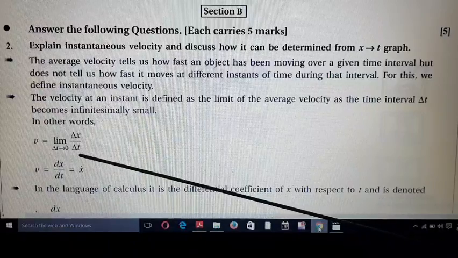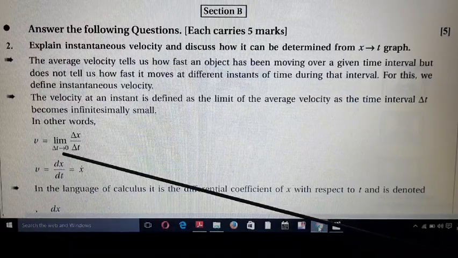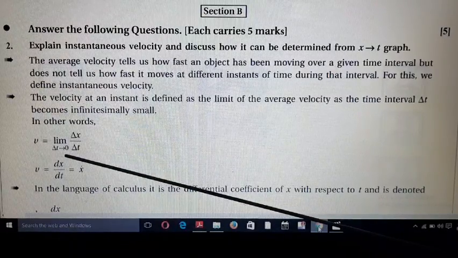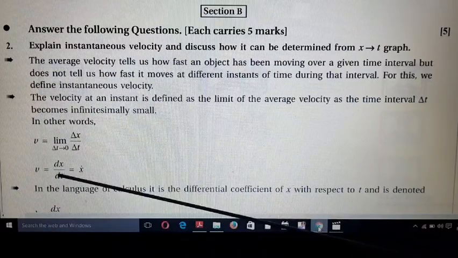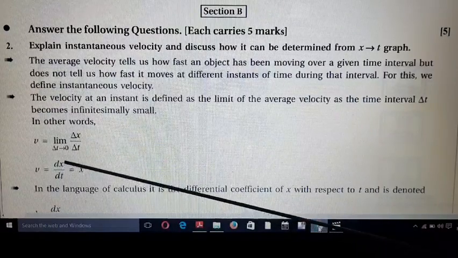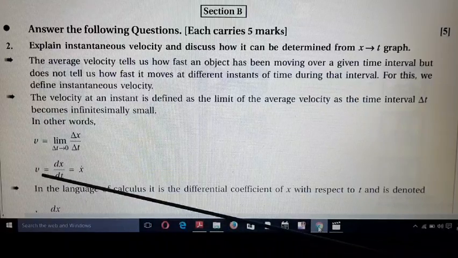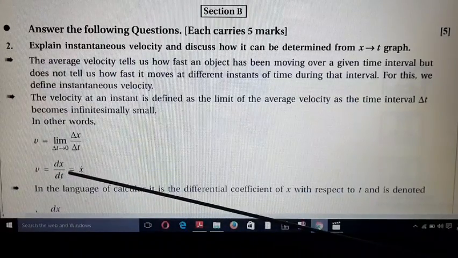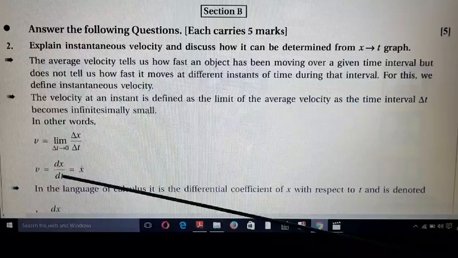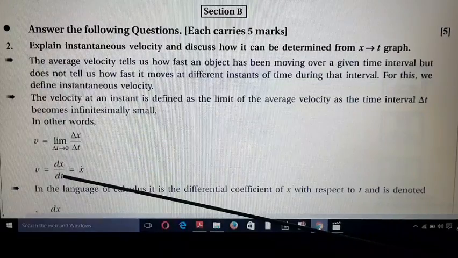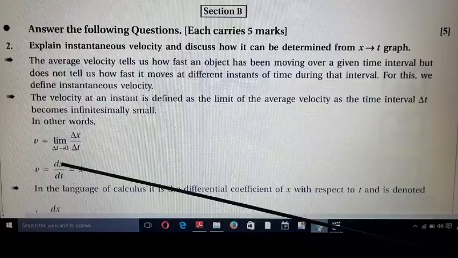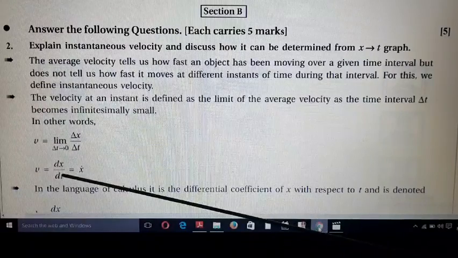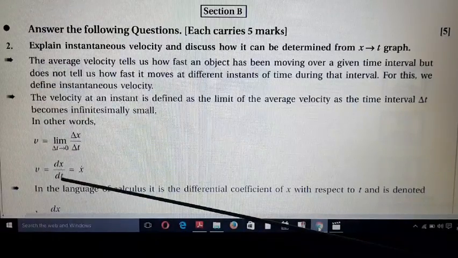So suppose now we want to remove the limit delta t tends to 0. So this delta is converted into d. So we can write v is equal to dx upon dt. It means here we can say that x is changing with respect to time.